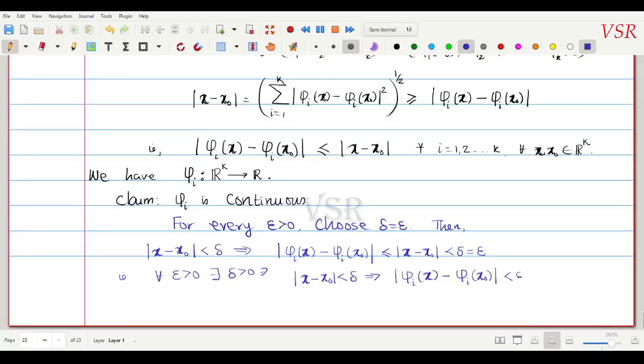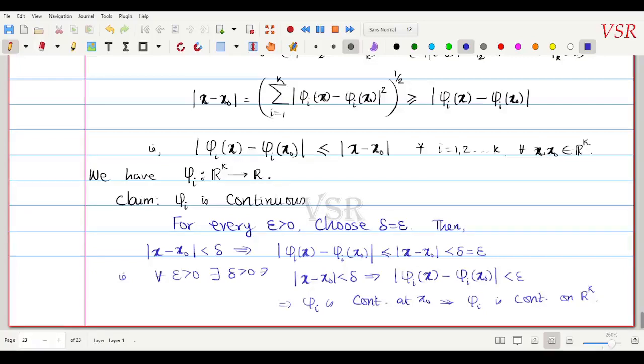So this implies that phi i is continuous at x naught. Since x naught is arbitrary, phi i is continuous on R power k. So all the functions are continuous functions.